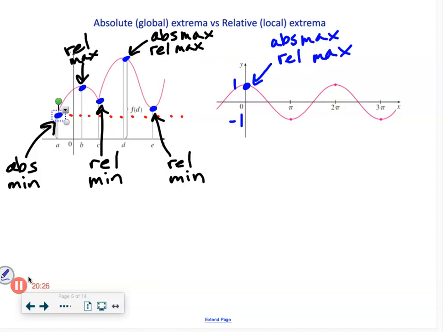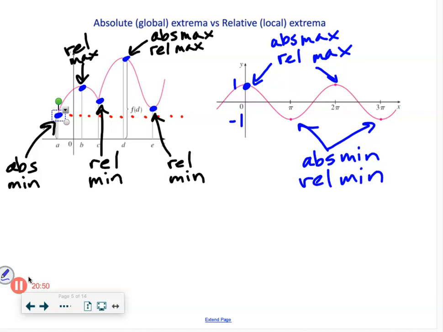It's an absolute max and a relative max. So is that one. You have absolute maxes at infinitely many spots on this graph. You also have absolute mins at infinitely many spots. That's not debatable.